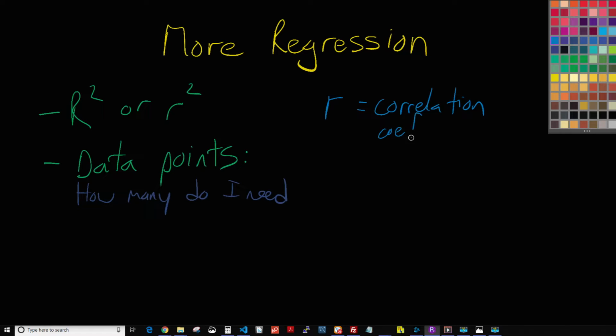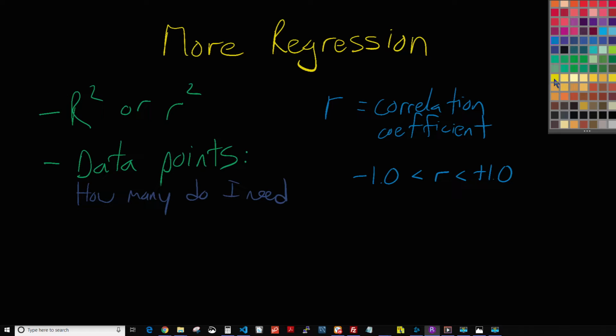Essentially, R can be any number from negative 1.0 to positive 1.0. And a positive 1.0 is a perfect positive relationship between the two variables.